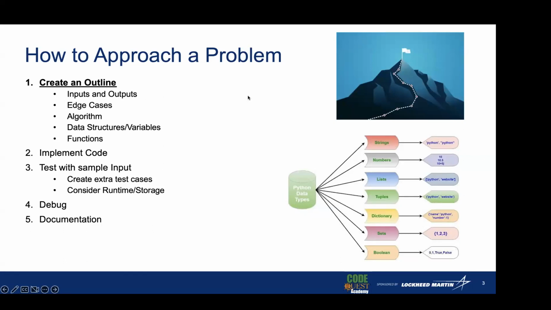It could just be jotting down some notes, ideas, pseudocode or even some drawings, just to make sure that you know what you're doing and have thought through the problem, because there will be many times where I'll be working on a problem and you think of things halfway through and then you have to change the way you've coded something. But if you thoroughly thought through the problem, you'll have a pretty solid understanding of what to code, and the coding will be much easier.